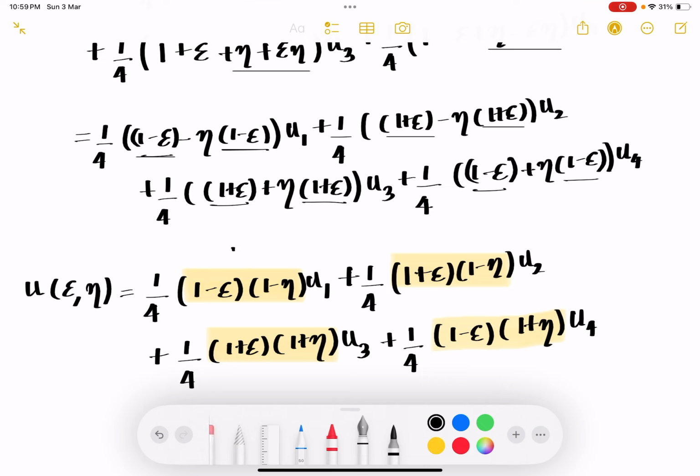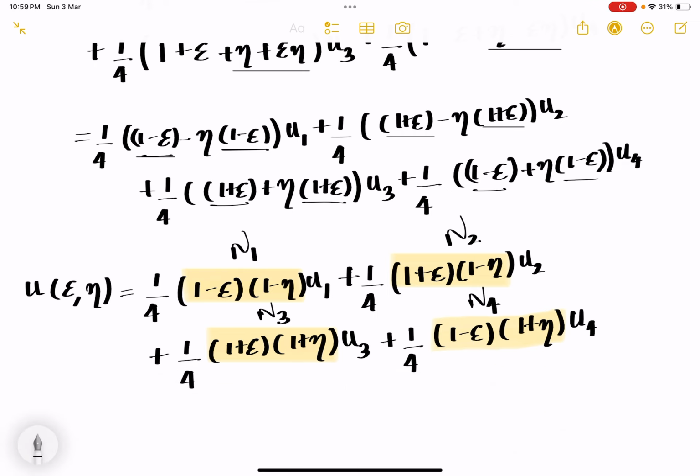So this will be our n1, this is going to be our n2, this will be your n3, and this will be your n4. You can write similarly v of epsilon comma eta will exactly be the same, except for u1, u2, u3, u4 you have to write v1, v2, v3, v4.